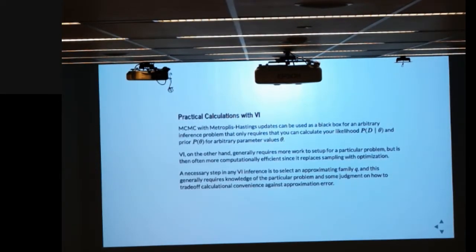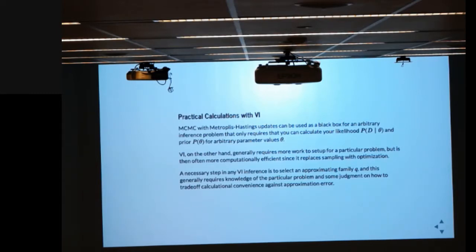Let's be a bit more practical for more realistic problems. A really nice thing about Markov chain Monte Carlo is that, especially with Metropolis-Hastings, it's a total black box. You just need to code up the likelihood and the prior. Just write functions that can evaluate those for arbitrary parameter values, and you plug it into a black box, and lo and behold, you get Markov chains coming out.